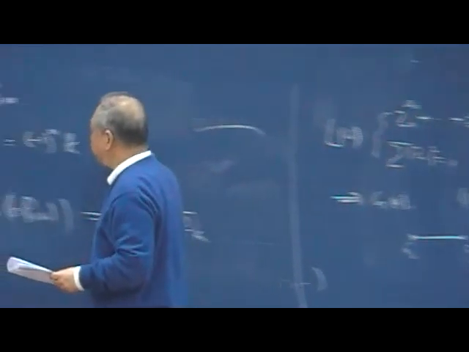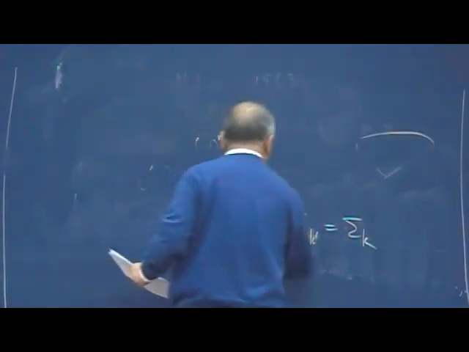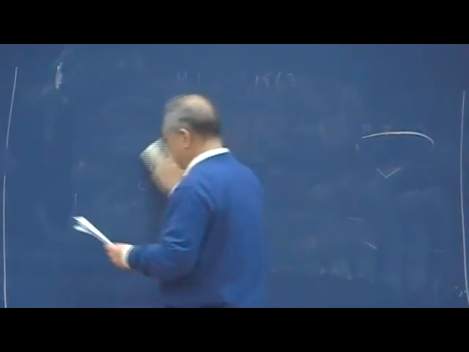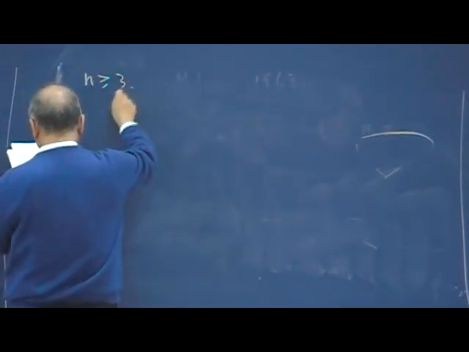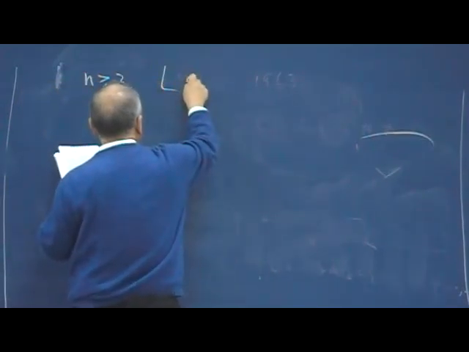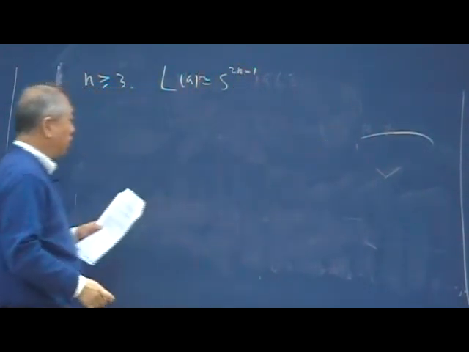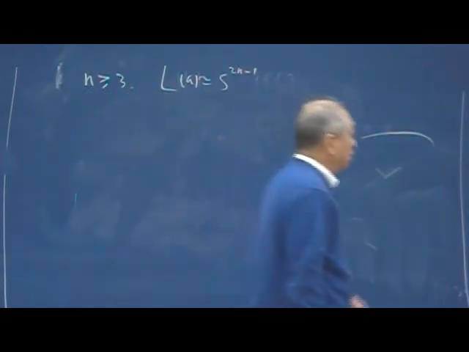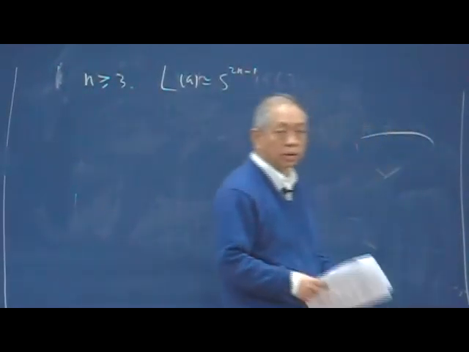This is also a homotopy sphere if n is bigger than or equal to 3, because the fundamental group would be trivial for n bigger than or equal to 3.